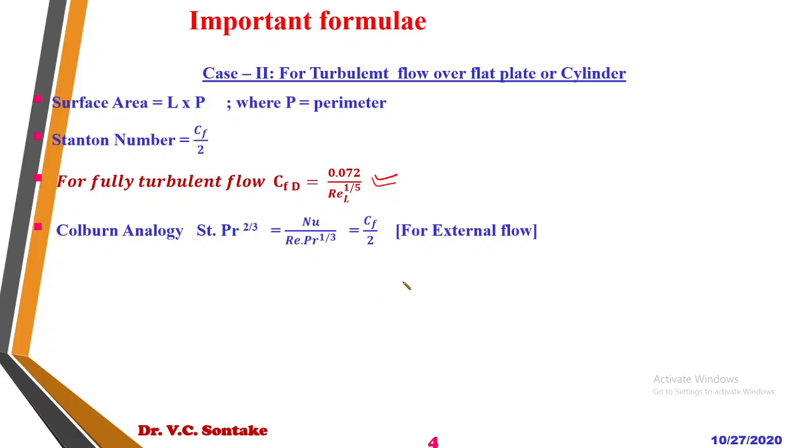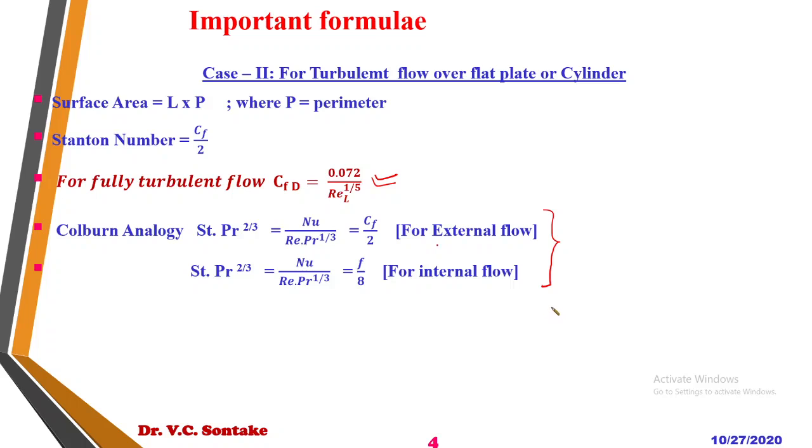It is nothing but the ratio of Nusselt number over product of Reynolds number into Prandtl number 1 by 3 is equal to Cf by 2 for external flow and f by 8 for internal flow. So this expression is rarely used, but we must have idea what we mean by Colburn analogy. From where these expressions have come, all these expressions we have borrowed from fluid mechanics.